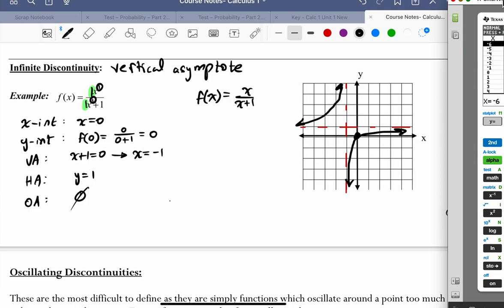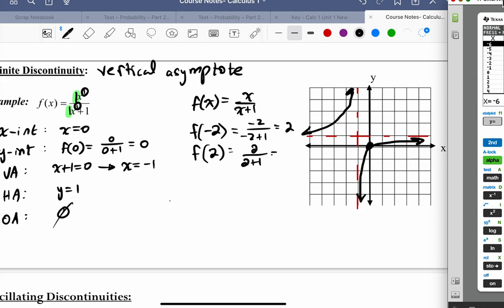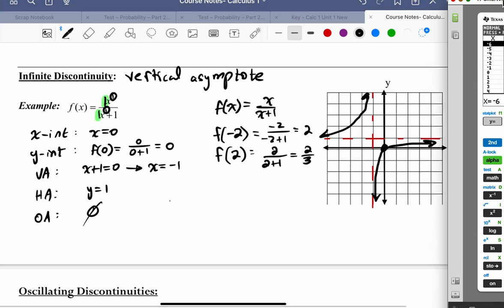So if I wanted to do test points here, I might do something like f of -2, f of +2, and just see what I get. That would be 2/3, and that's still consistent with the curve itself. So you do it that way.